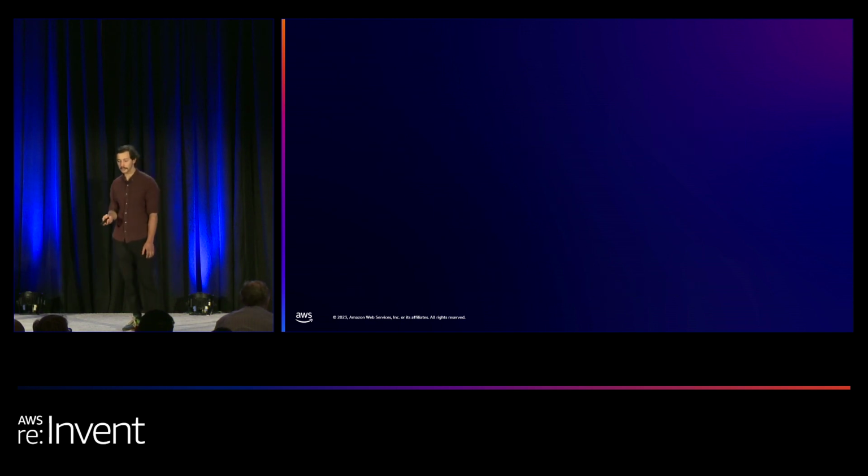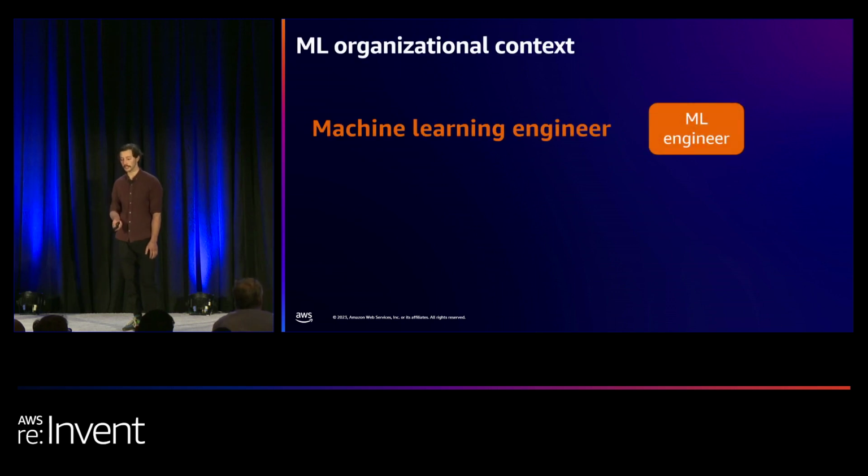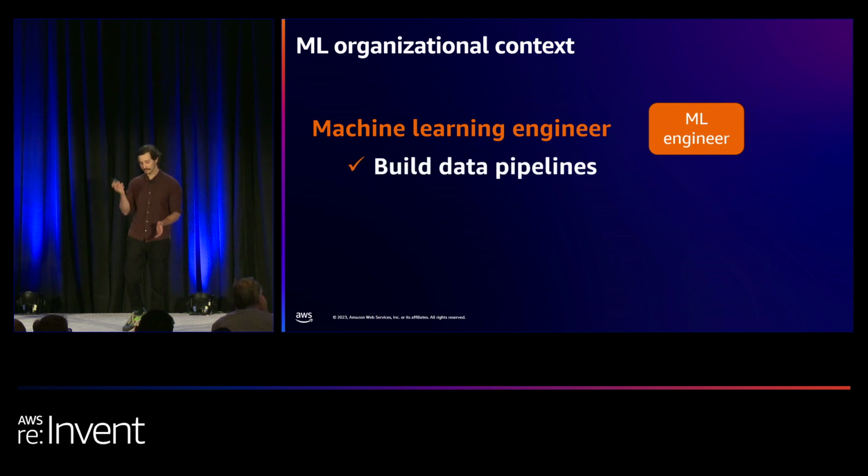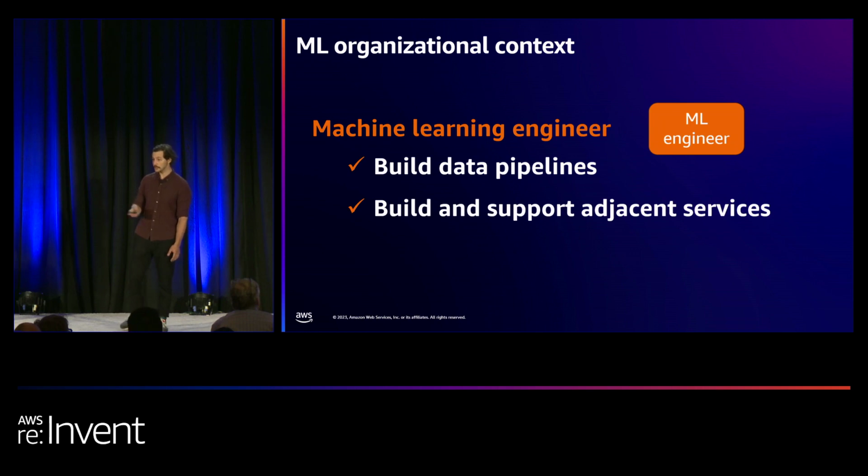But on the other hand, this other role that we have is a machine learning engineer. They build the data pipelines, which is taking data from all different parts, like the product, and putting it into something that's digestible in an ML system. They also build and support adjacent services. We build a lot of services in Golang or Kotlin or Java, and so they're responsible for that.